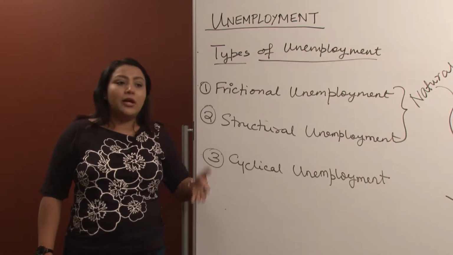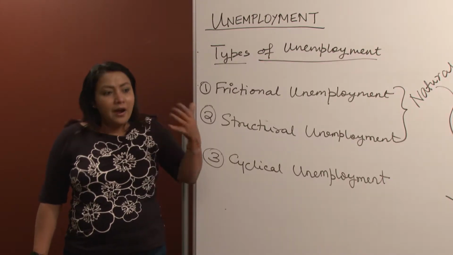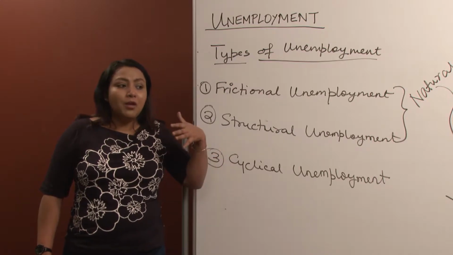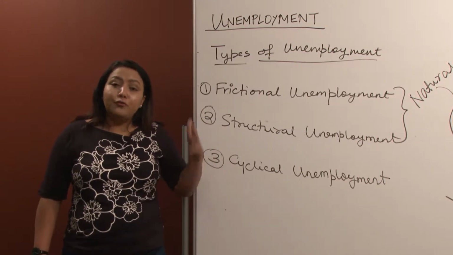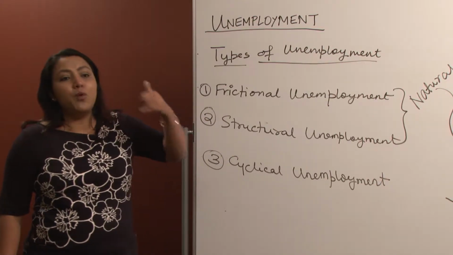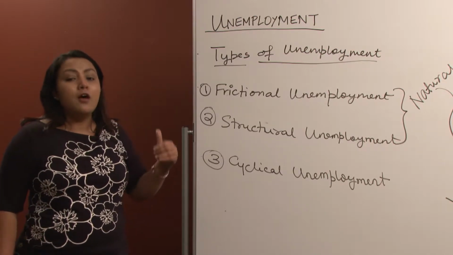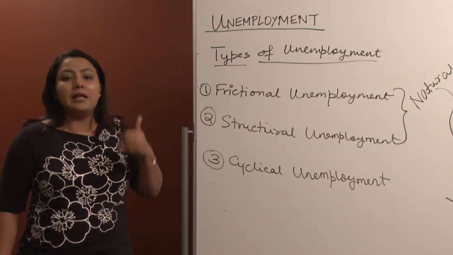The fact that you can wait for the right job means that there are so many jobs to pick and choose from, and you have the luxury of waiting for the right job. So, frictional unemployment basically means that you are transitioning from one job to another, looking for the job that suits your skills and ability.